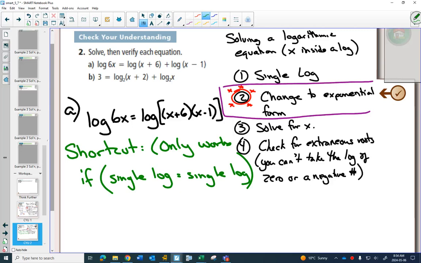So the shortcut comes into play if and only if you have a single logarithm on the left-hand side, which we do. We have one log on the left and one log on the right. Okay? So I'm going to show you the shortcut.